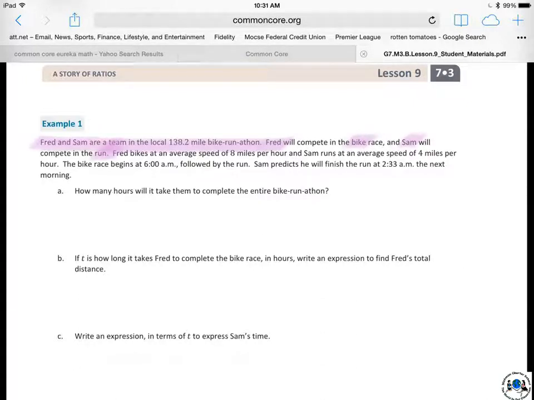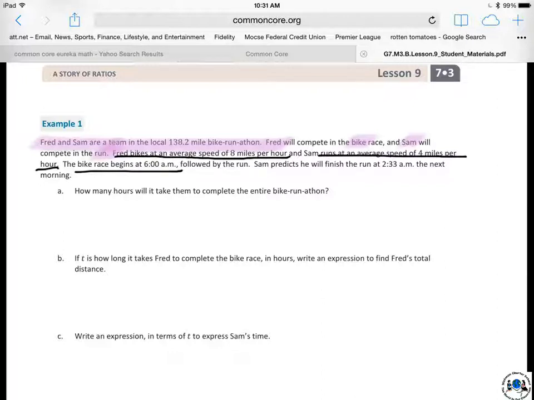Fred bikes at an average speed of 8 miles per hour. Okay, and Sam runs at an average speed of 4 miles per hour. Okay, the bike race begins at 6, followed by the run.